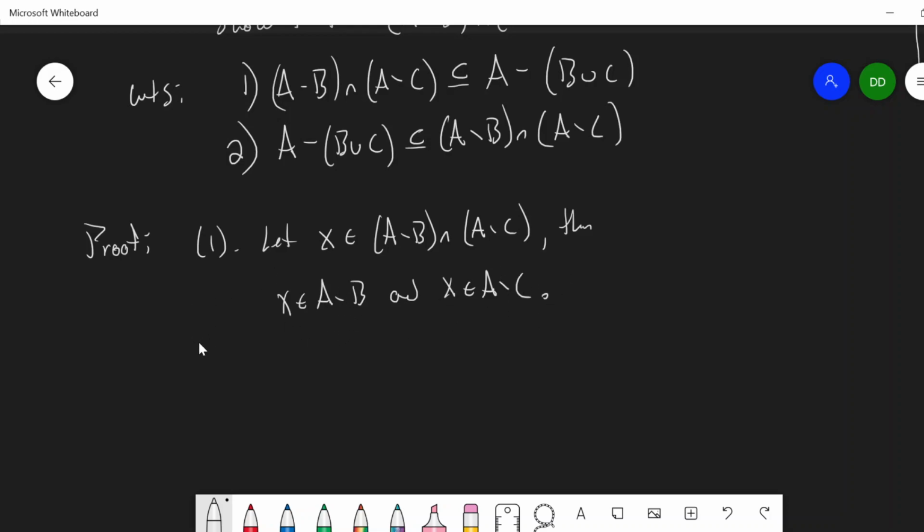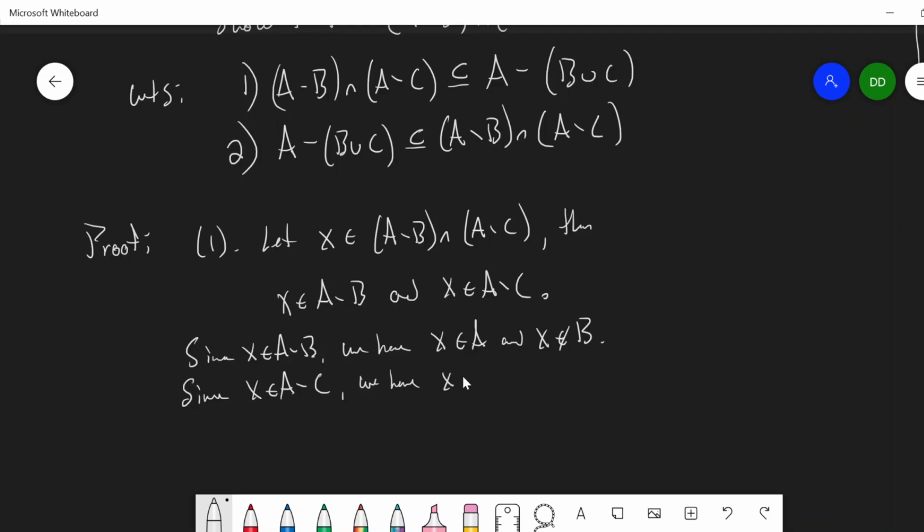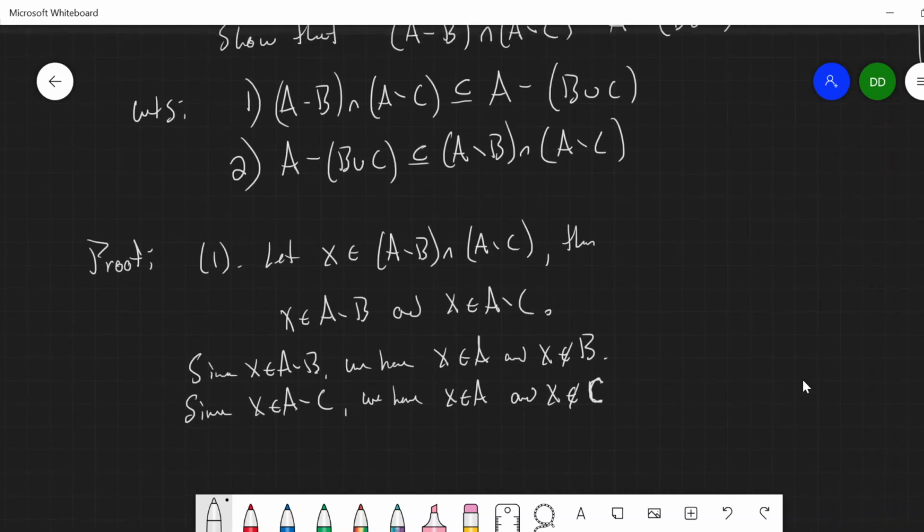Now I'll write out what each one of these are. This is similar to that earlier example where we take the sets and write them in terms of logic, and then we'll build our way back up once we've broken these down all the way. Since x is in A minus B, we have that x is in A and x is not in B. And since x is in A minus C, we have that x is in A and x is not in C. All right, so I want to build my way back up and remember what I want to show.